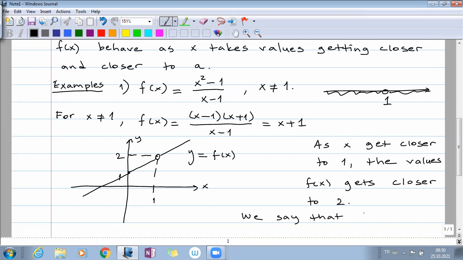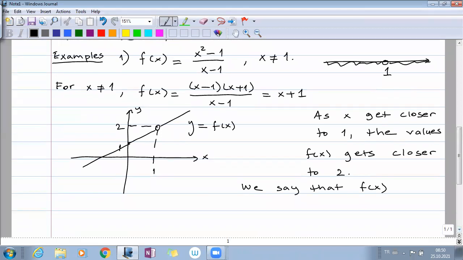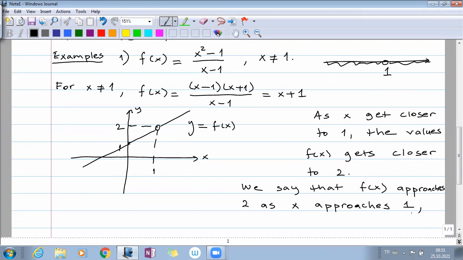So we say that the values f of x approach 2 as x approaches 1. And we write f of x approaches 2 as x approaches 1.